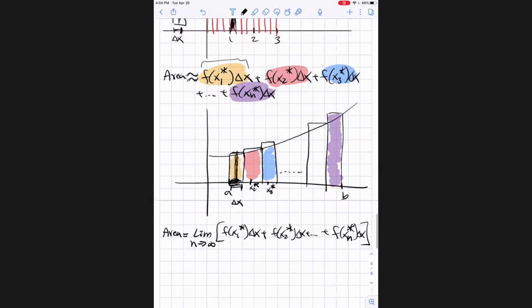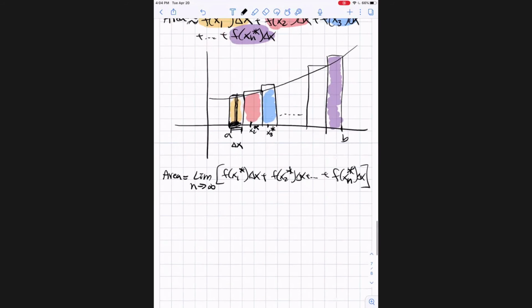So it's the same thing as I wrote up there, but the limit as n goes to infinity then gives you the exact area. Now I could actually write this with summation: area equals the limit as n goes to infinity of the summation from i equals 1 to n of f of x sub i star times delta x.